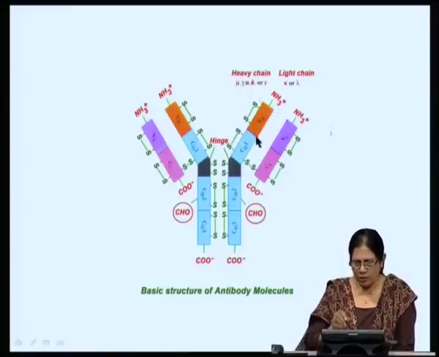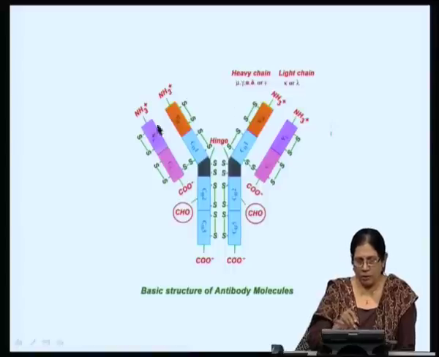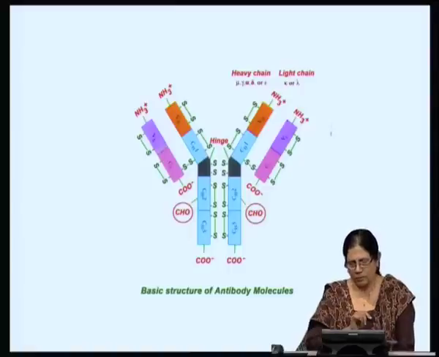The heavy chains could be either mu, gamma, alpha, delta or epsilon, and the class of the antibody molecule is known by the heavy chain: M, G and so on.